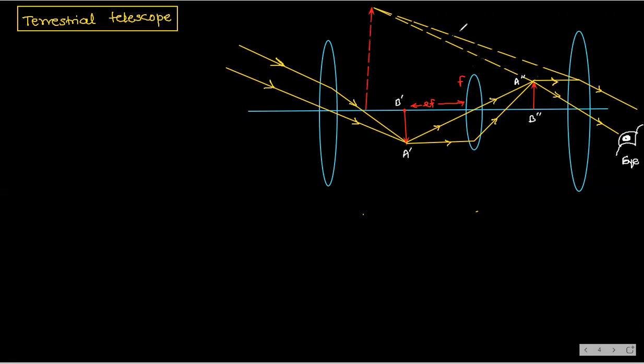And this is the final image which is getting formed at the least distance of distinct vision. So this distance is capital D. This is VE. VE is equal to D, meaning the final image is forming at this distance of distinct vision.